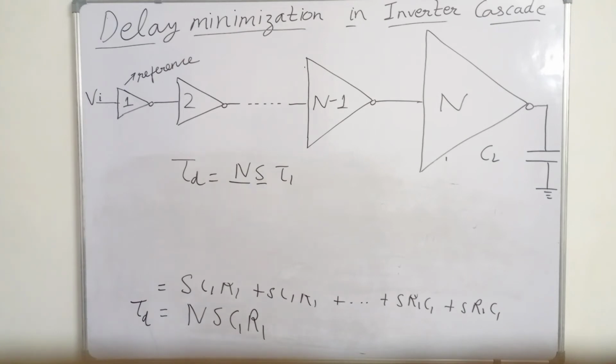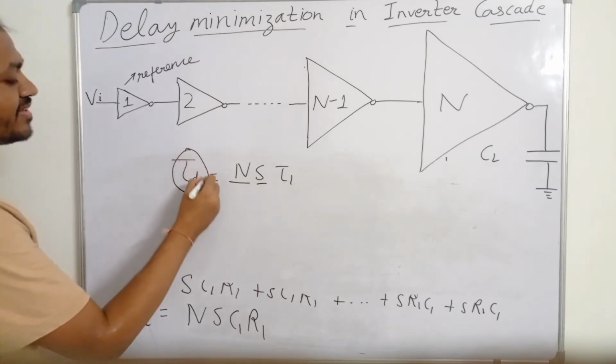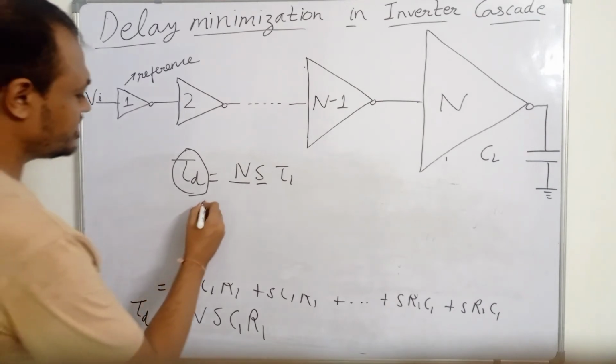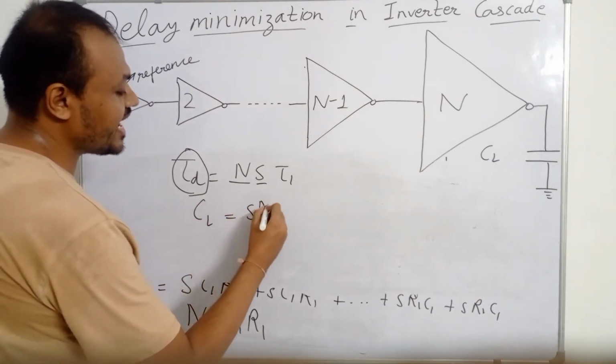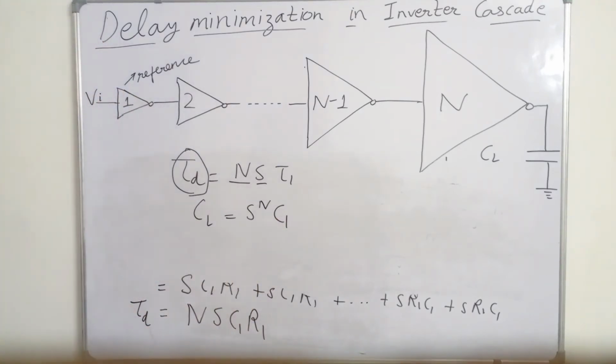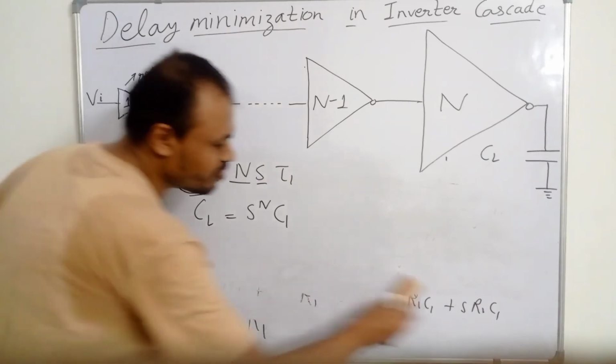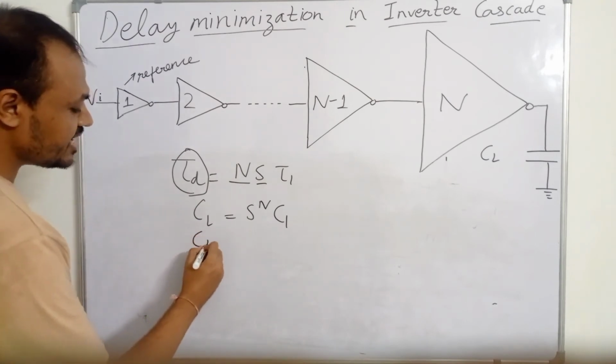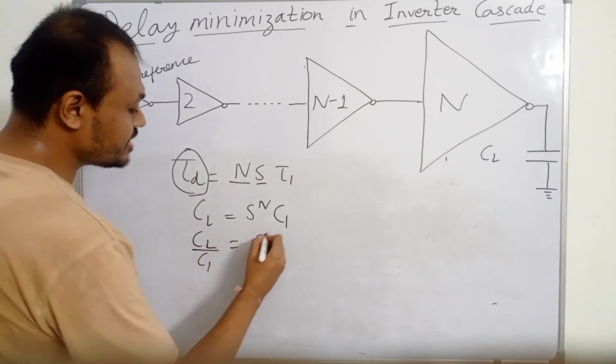To find these values of n and S, we have to minimize the time delay through this inverter chain. So we consider that CL is equal to S to the power n into C1. So CL upon C1 is equal to S to the power n.